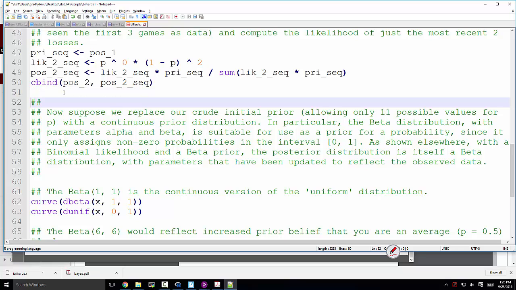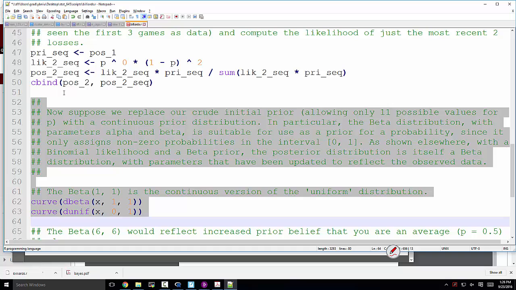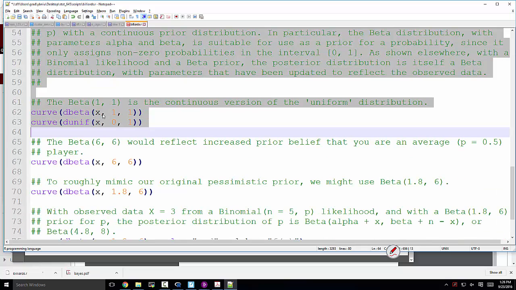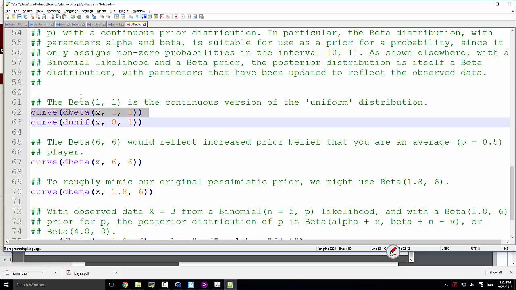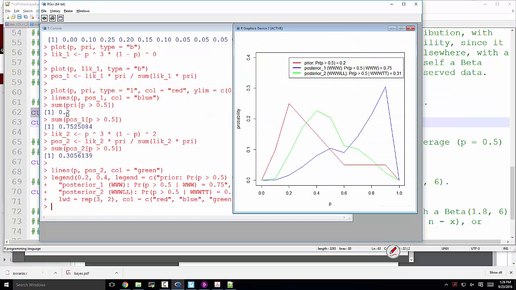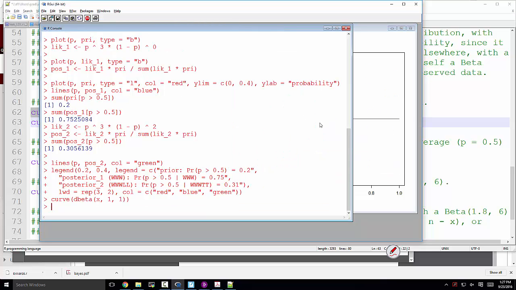So what I did at the bottom of this script was replace that discrete, coarse representation with continuous priors. One way to do a continuous prior on P is with the beta distribution, because beta works with values between 0 and 1.